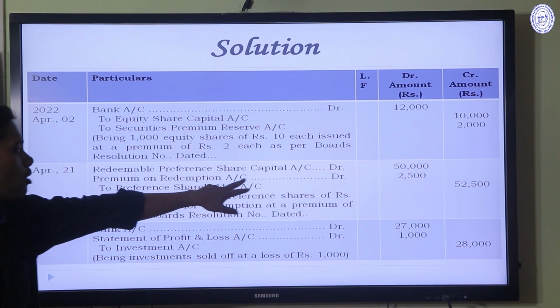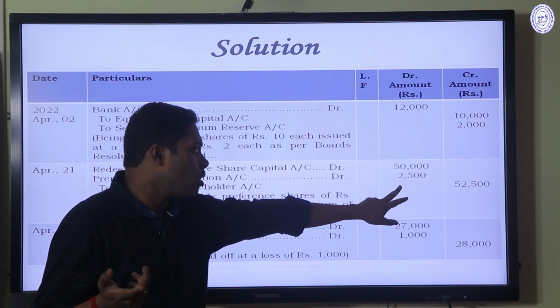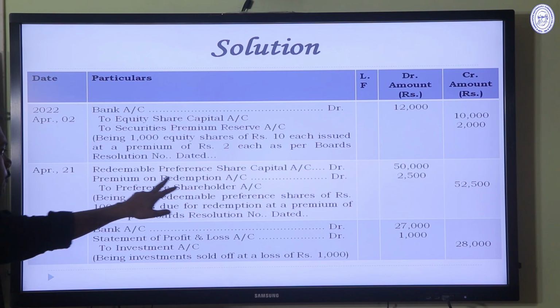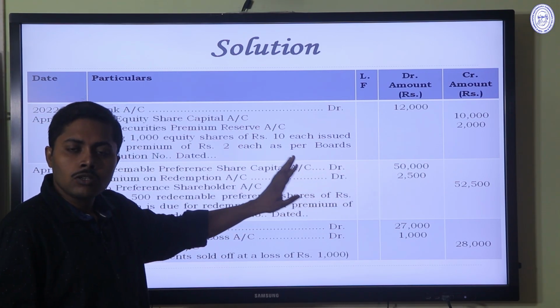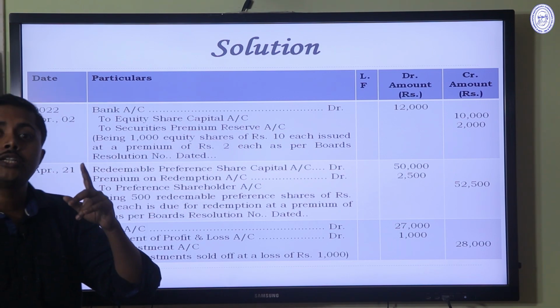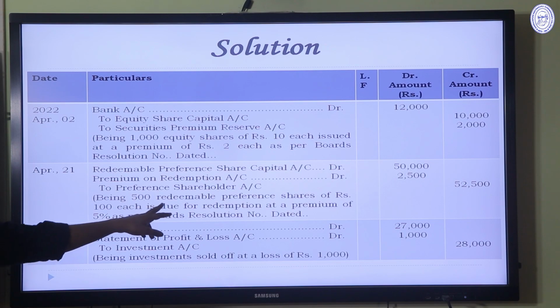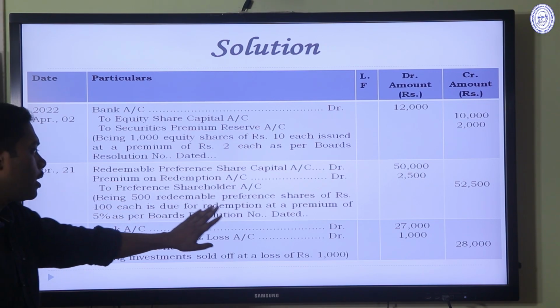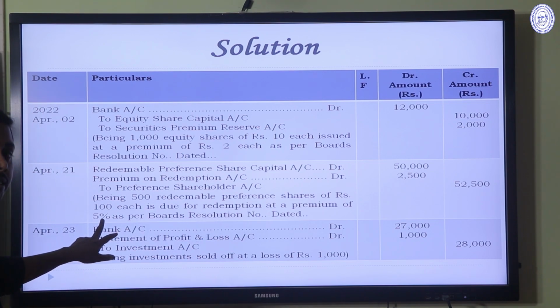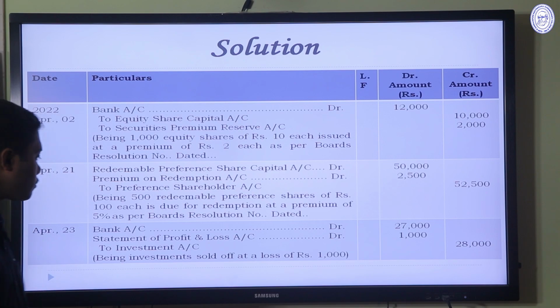Premium on redemption account debit 5% of 50,000, that is 2,500, to preference shareholder account 52,500. So, preference shareholders are due for redemption. Narration is being 500 redeemable preference shares of rupees 100 each are due for redemption at a premium of 5% as per board's resolution number dated.